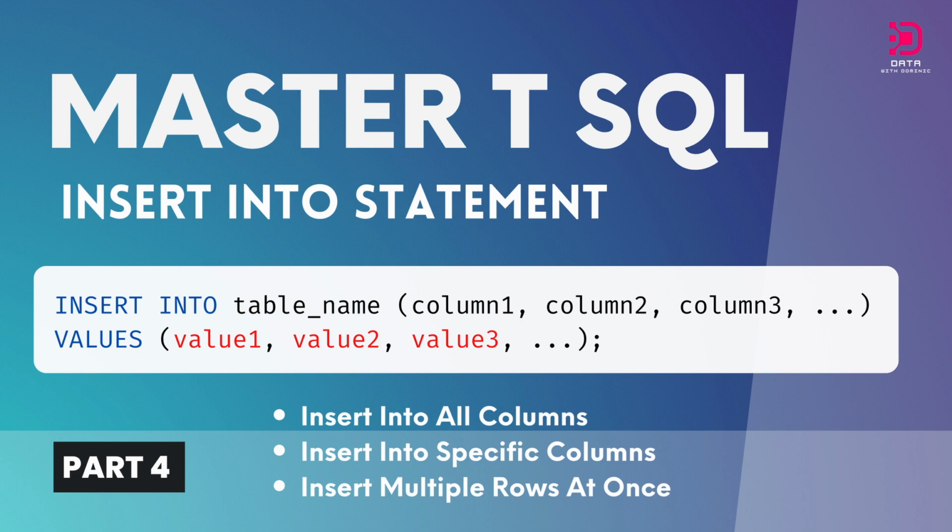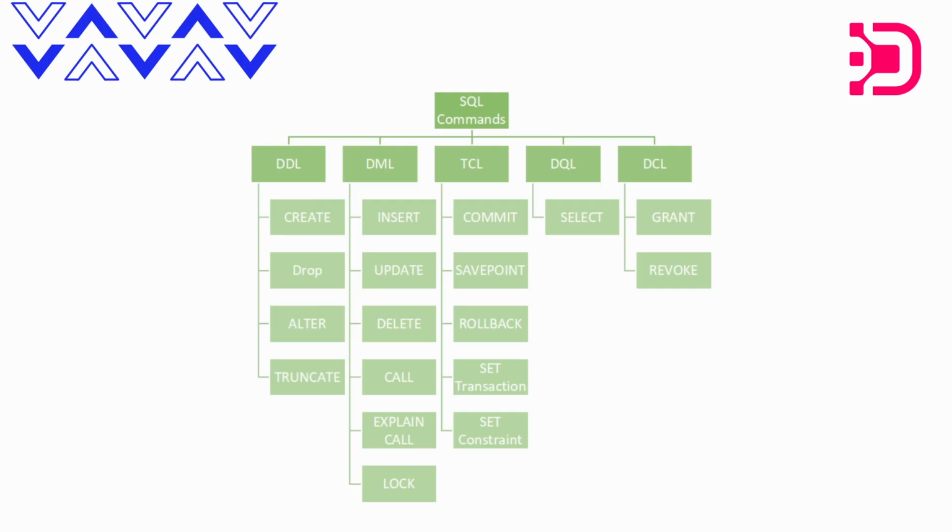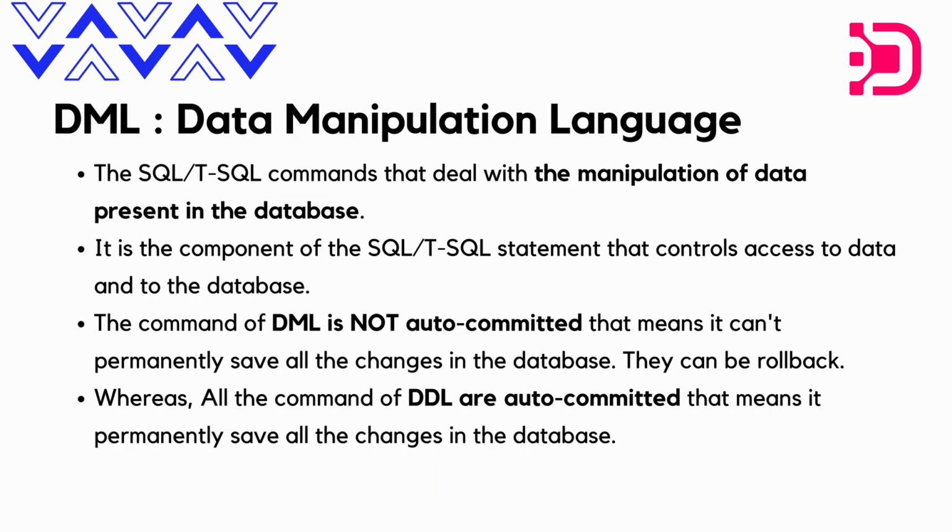Just taking a step back from our previous lesson on the types of TSQL statements, we remember that the insert into statement comes under the DML, or data manipulation language. These are a group of SQL or TSQL commands that deal with the manipulation of data present in the database, and that control access to the data and to the database.